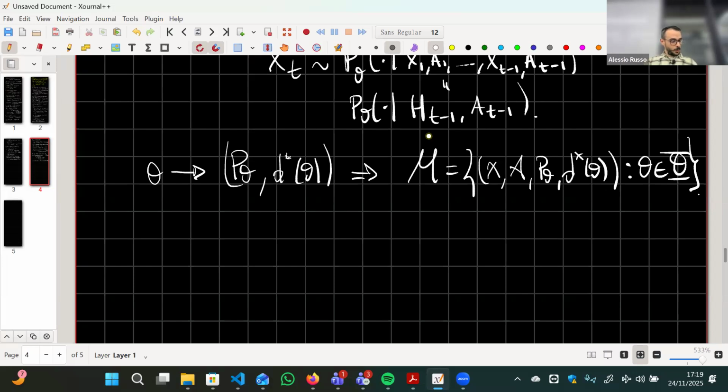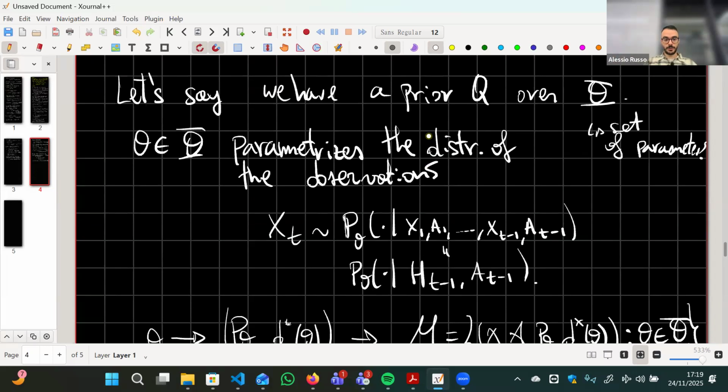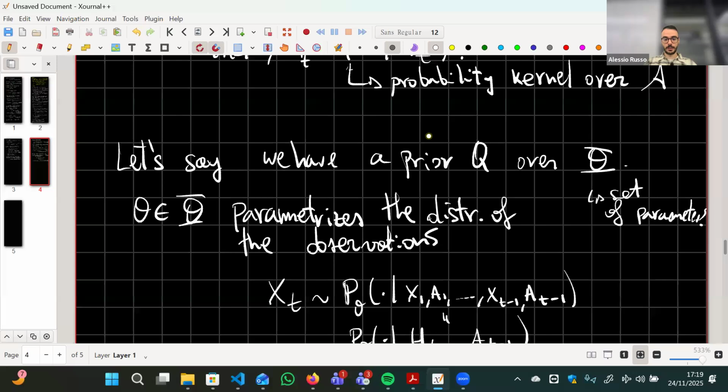There are a couple of boring definitions that we need, but I'm not going to go over the details for this. We need to define what the probability measures involved in this problem are. So we define the prior Q over theta.